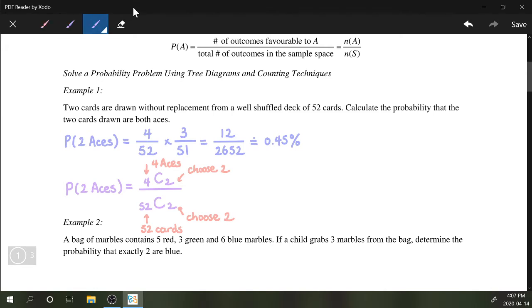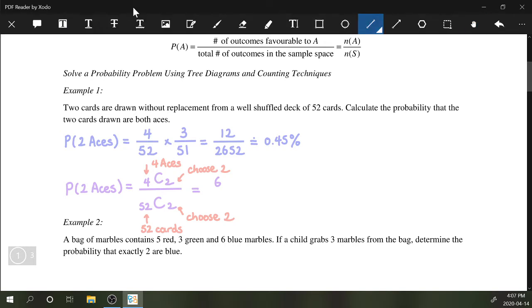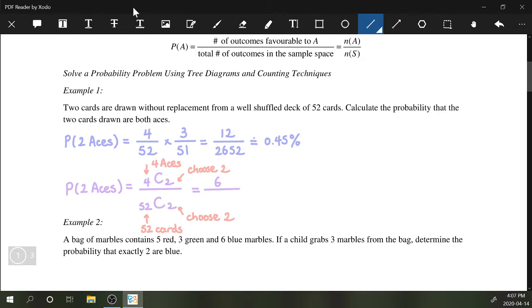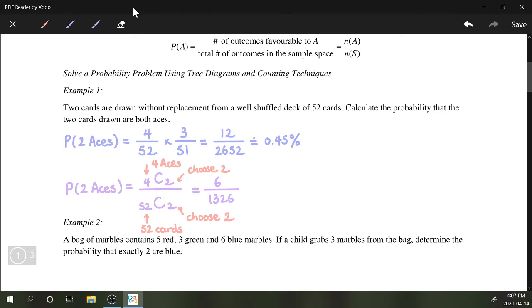Now if you use a calculator to do this, you'll get 4 choose 2 is equal to 6, and then 52 choose 2 is 1,326. So you notice that the fractions are the same. It's just that both the 12 and the 2652 were divided by 2 here. So of course, when you convert it to a decimal then to a percent, you will get the exact same value.